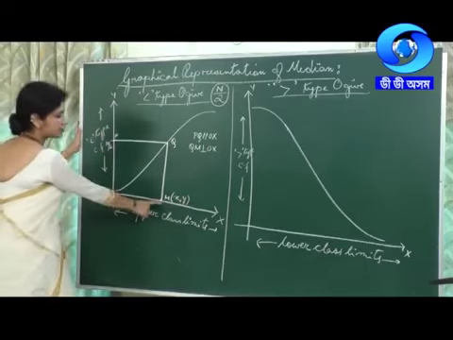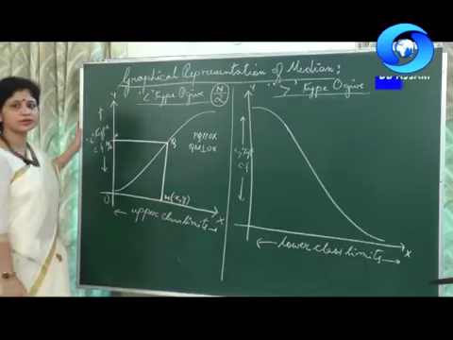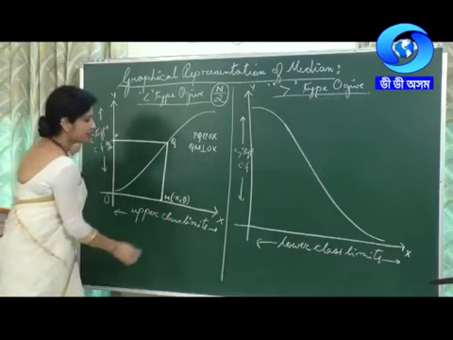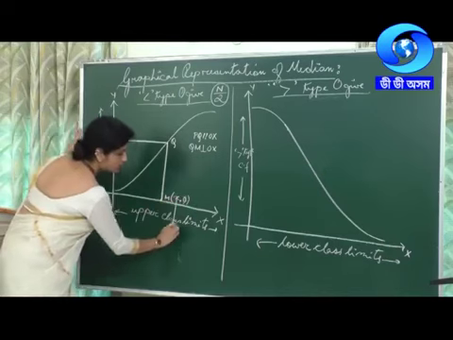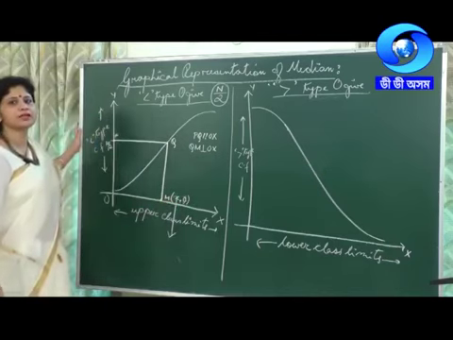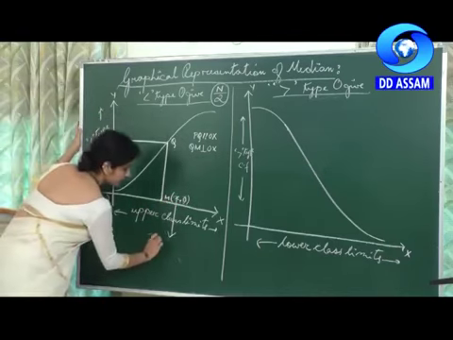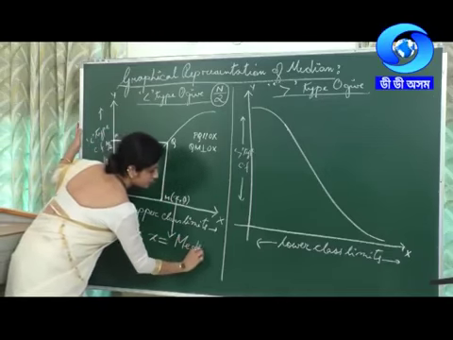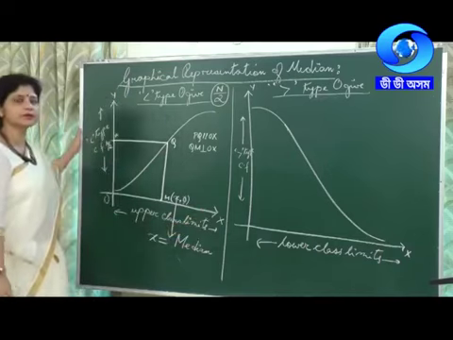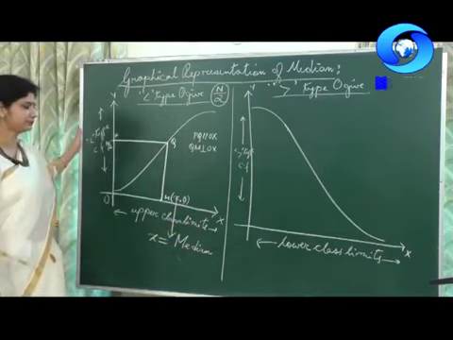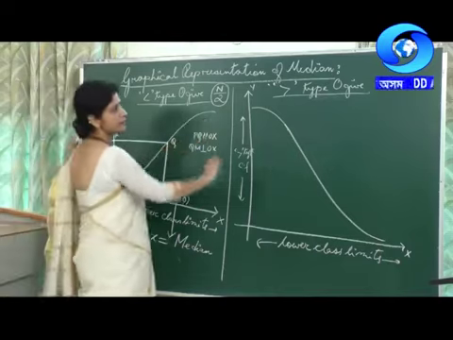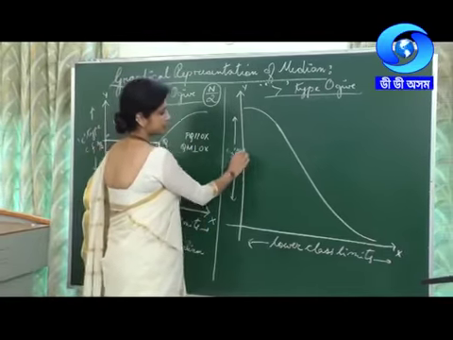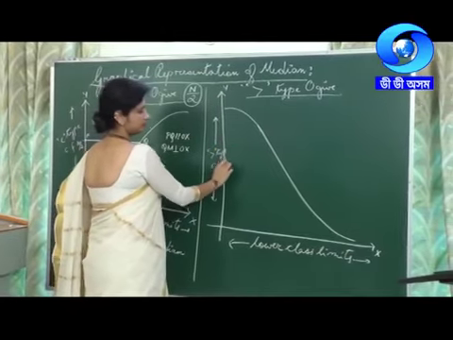Yes, since it lies on the x-axis, the y coordinate will be 0. So this is (x, 0). Now the numerical value of x, the x coordinate, will give us the median of the given distribution. Yes, similarly, if we make use of the more than type ogive, the same procedure is followed.